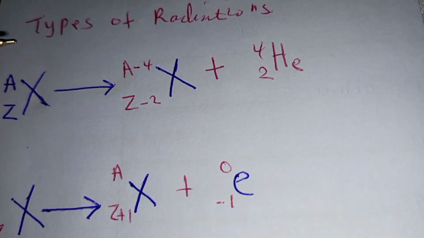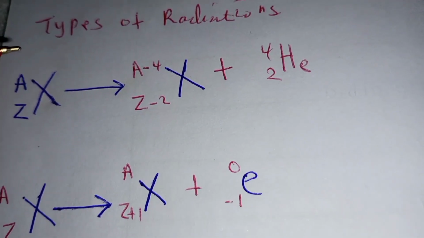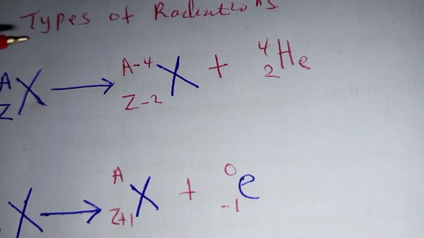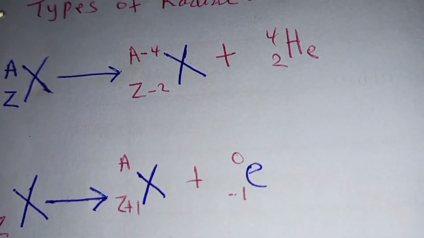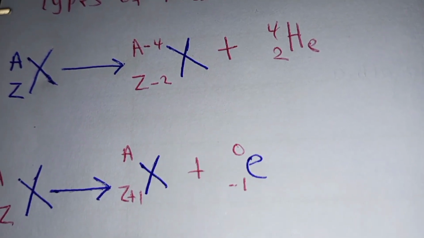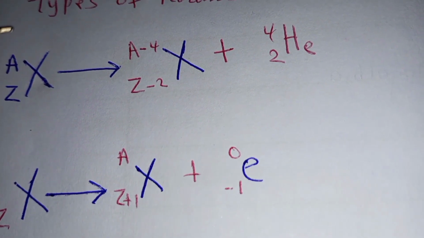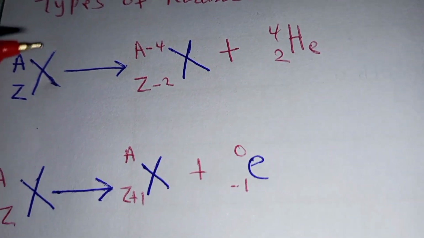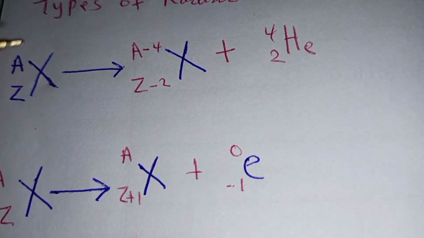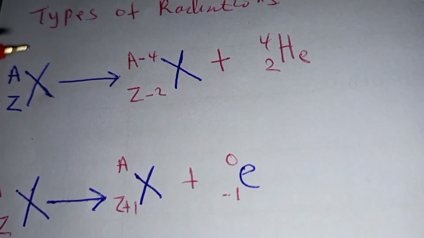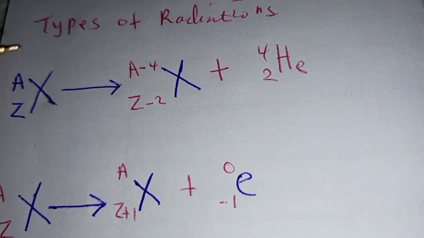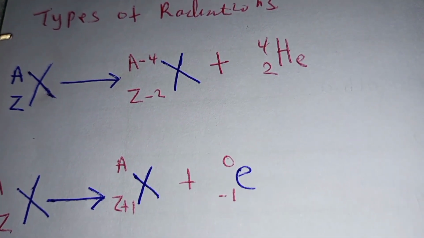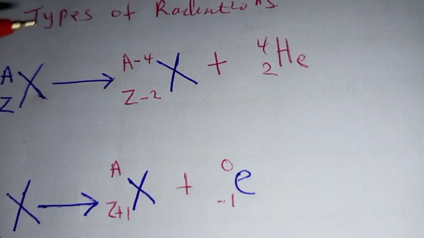Welcome to the study of the concept of radioactivity, which is applicable to students who pursue physical science, particularly in high school and in universities. This has to do with the physics and the chemistry. Now, we are looking at radioactivity, and today's concern is types of radiation.